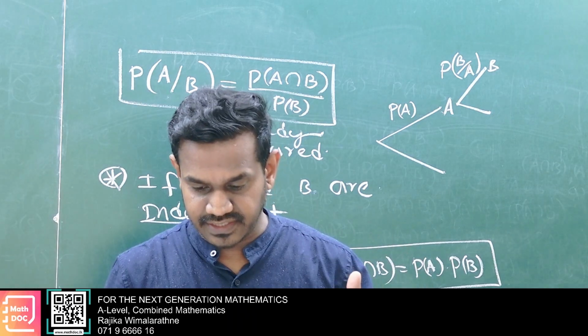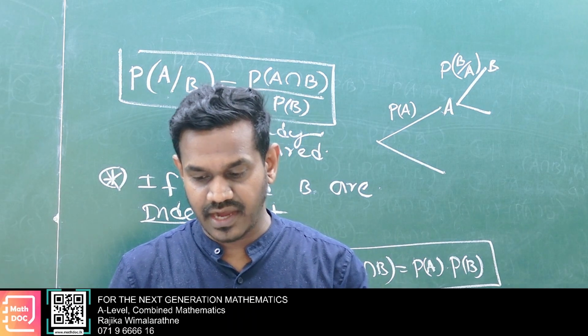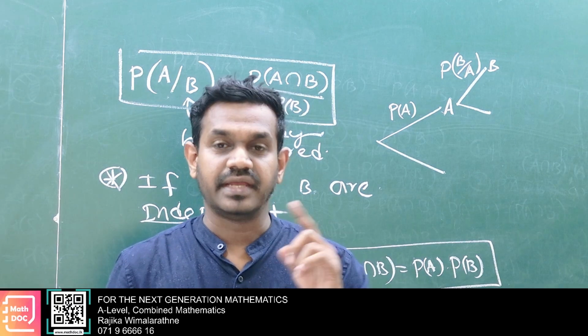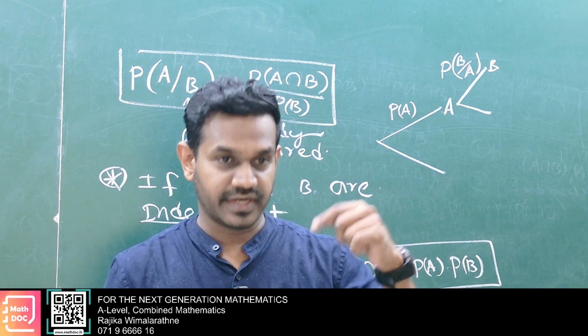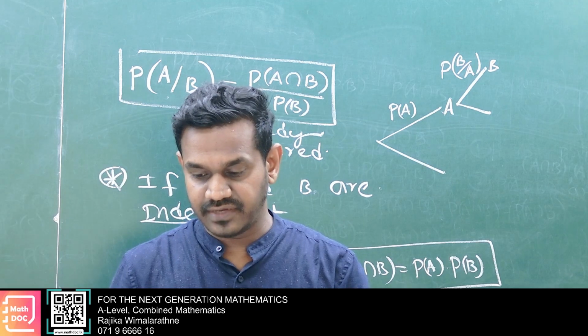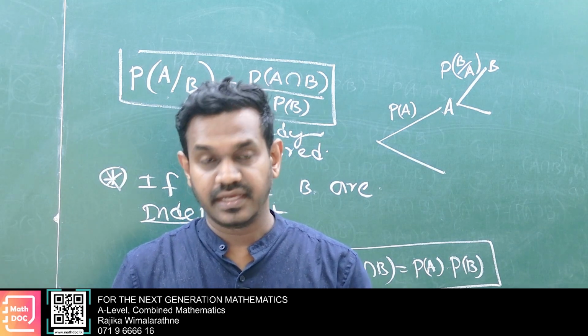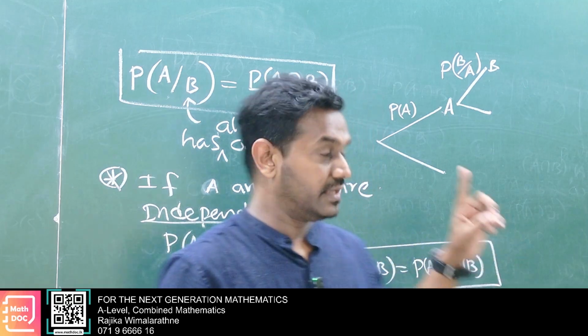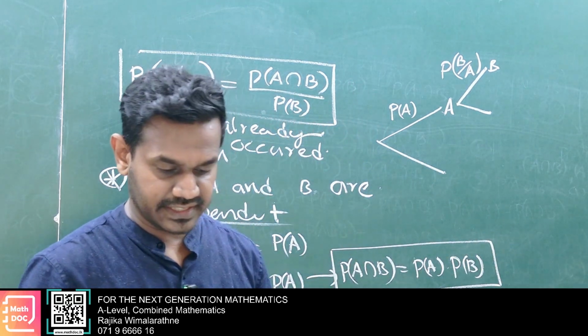The definition: let A and B be two events, and assume that P(B) is greater than 0. P(B) greater than 0 means it has already occurred, no? Then the conditional probability of A given B is P(A given B) equals P(A intersection B) over P(B).